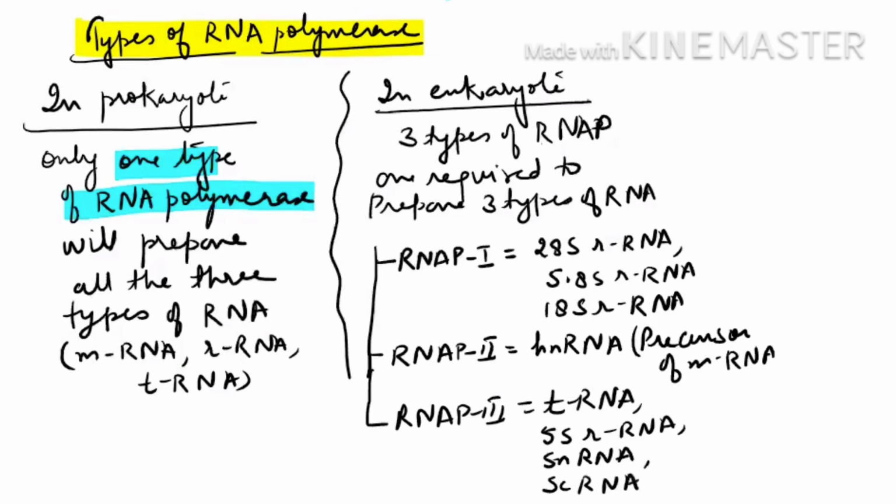So in case of eukaryote, you want three types of RNA polymerase. RNA polymerase 1 for ribosomal RNA, RNA polymerase 2 for precursor of messenger RNA, and RNA polymerase 3 for transfer RNA.